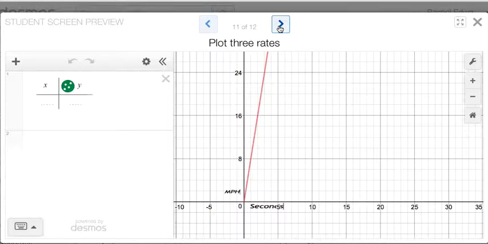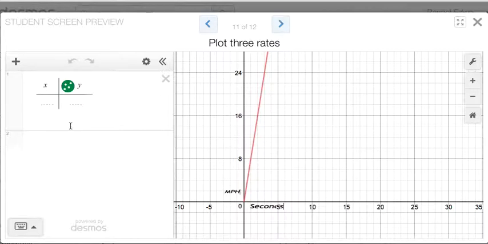This one is probably the challenge one. I didn't give them a rate. I didn't really give them anything. All I did, I gave them miles per hour, and then I gave them seconds. And I gave them a line. I did try to make it a little easier on Desmos because I wasn't really sure how to make it work the best way. So I just did this one.